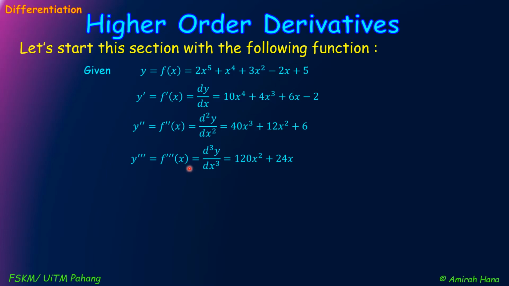This differentiation process can be continued to find the third, fourth, and successive derivatives of f(x), which are called higher order derivatives of f(x). So this is y''' or f''' or d³y over dx³, and we get 120x squared plus 24x.